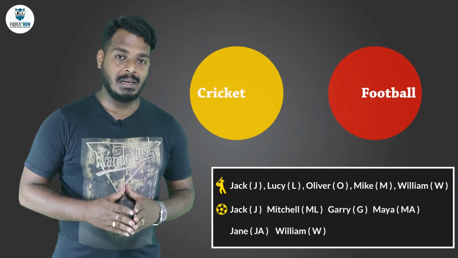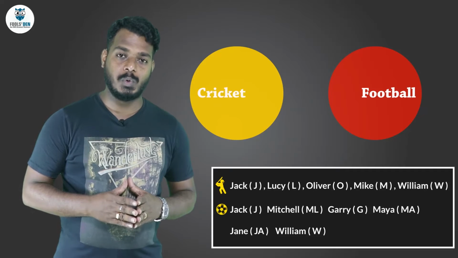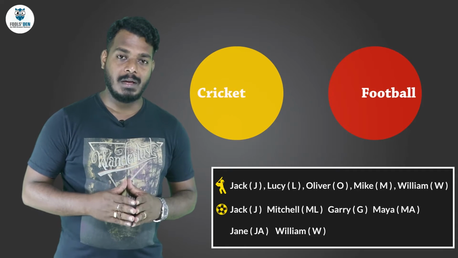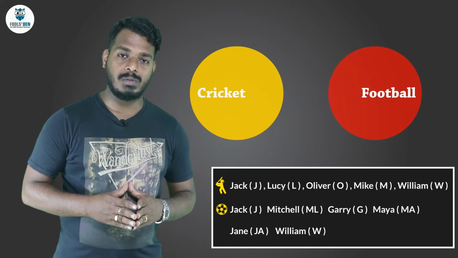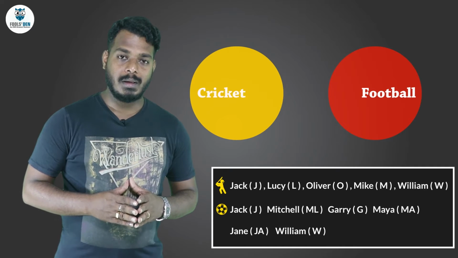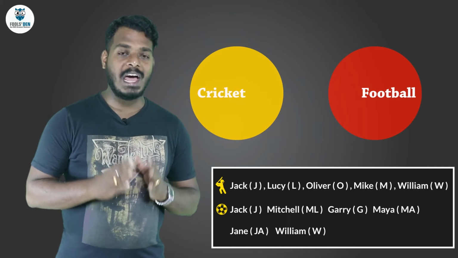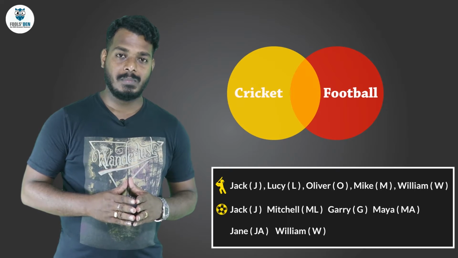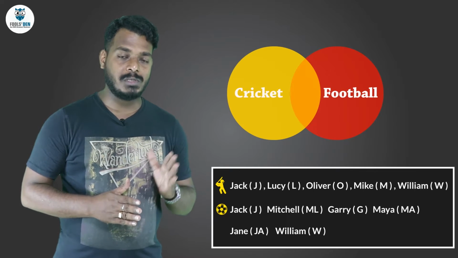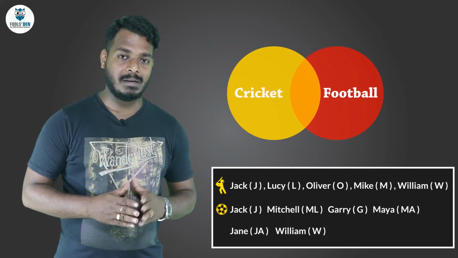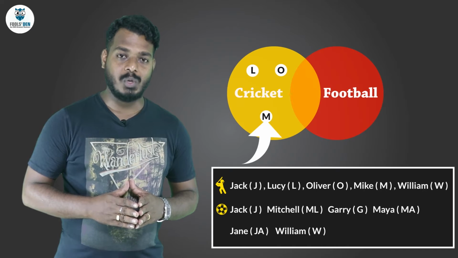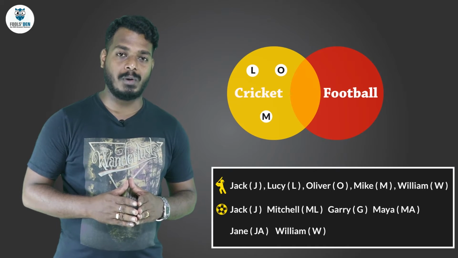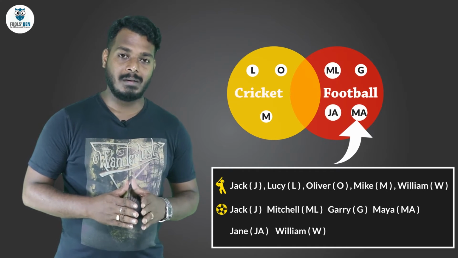The first circle would represent those students who like cricket, and the second would represent those who like football. Now, he overlapped the 2 circles partially like this. Then he put those students who liked only cricket there and those who liked only football there.